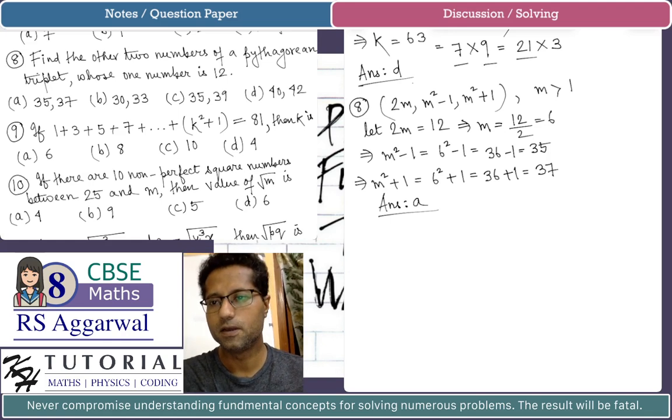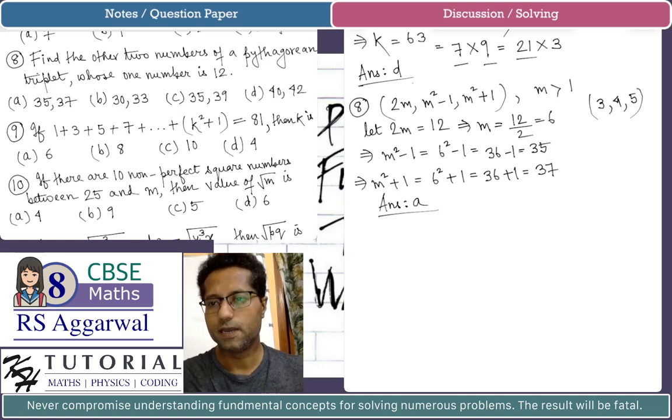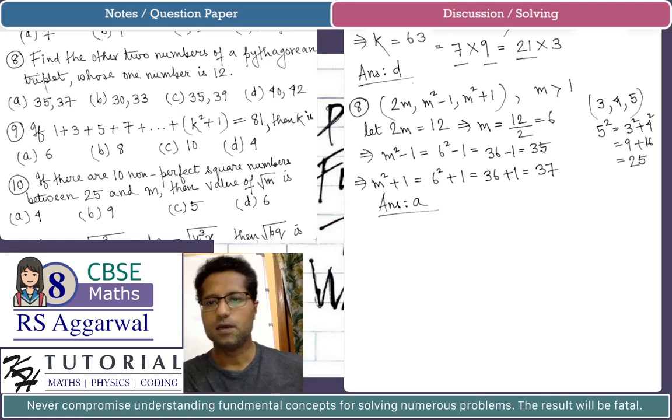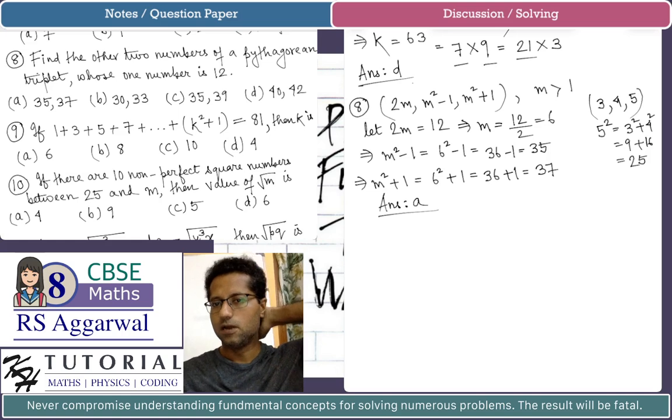For example, 3, 4, 5 is a Pythagorean triplet, as you can see 5 square is equal to 3 square plus 4 square, that is 9 plus 16 equal to 25.